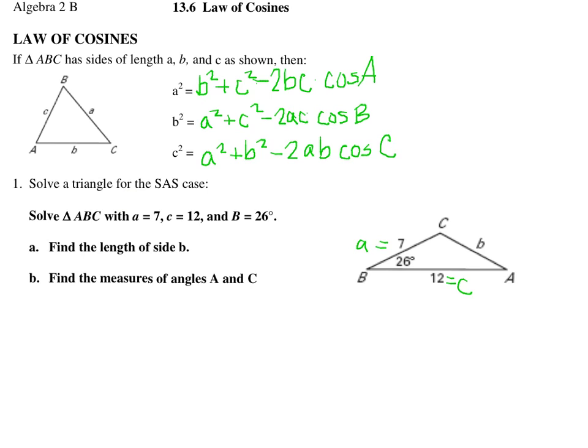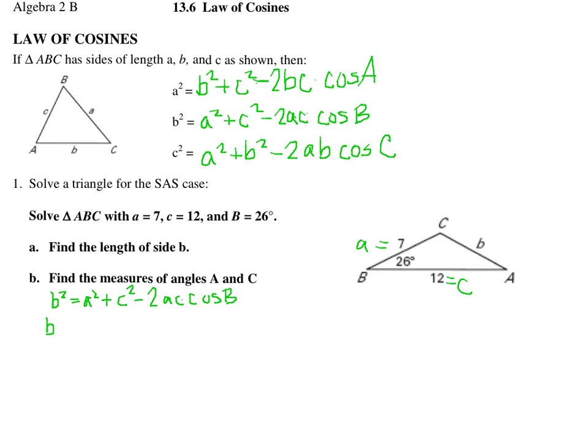Let's start by using our law of cosines: b squared equals a squared plus c squared minus 2ac times the cosine of B.